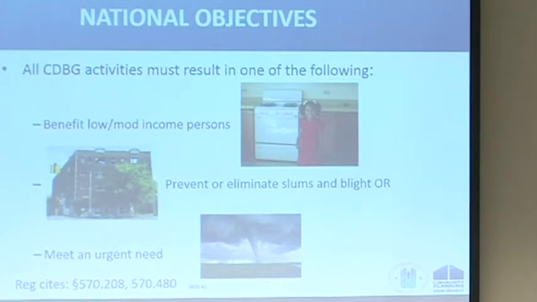And so when you are determining what types of activities you're going to fund, keep that in mind, because every once in a while we'll see a grantee that is funding a slum blight type of activity and it's 40% of their annual grant amount. And there are ways to do that, and we'll talk about that in one of the upcoming slides. Okay?